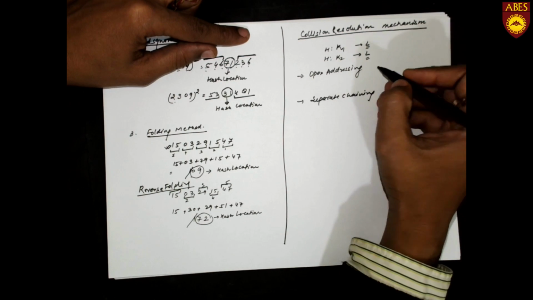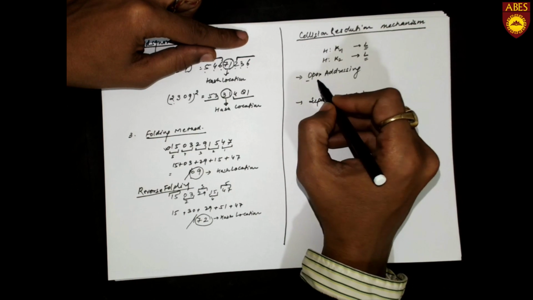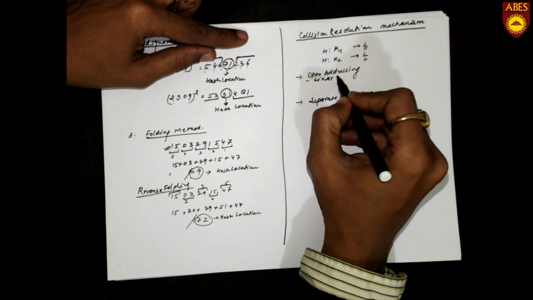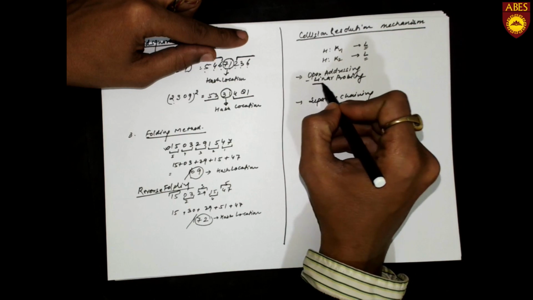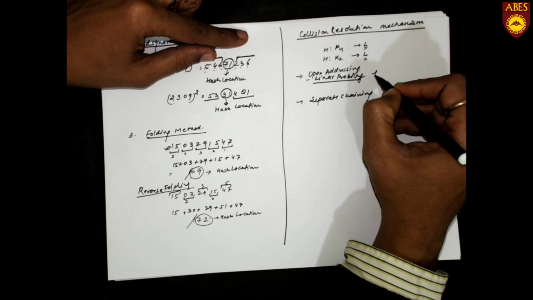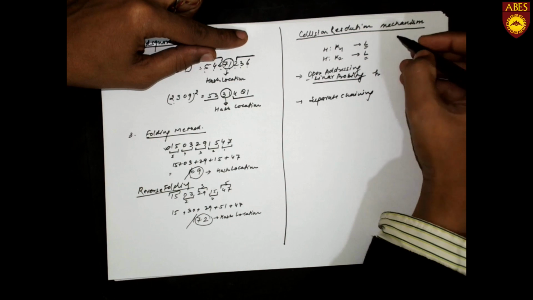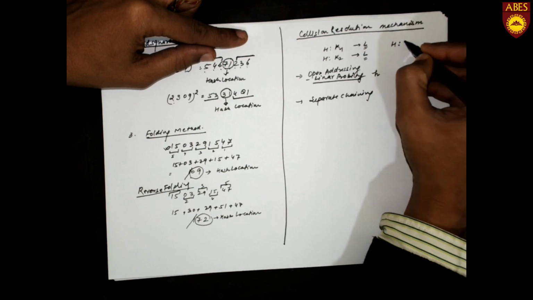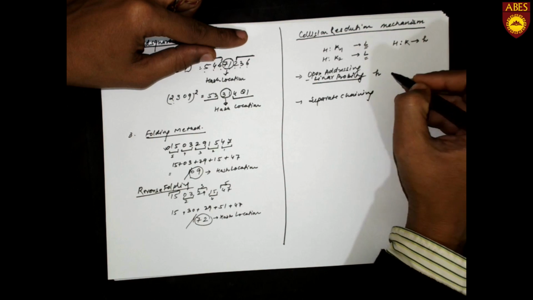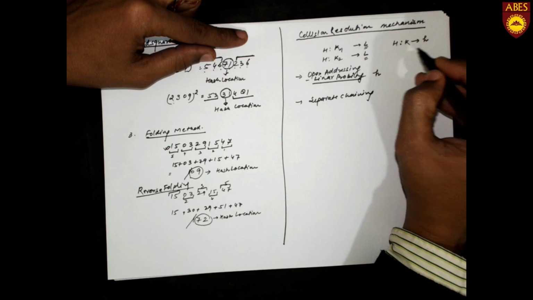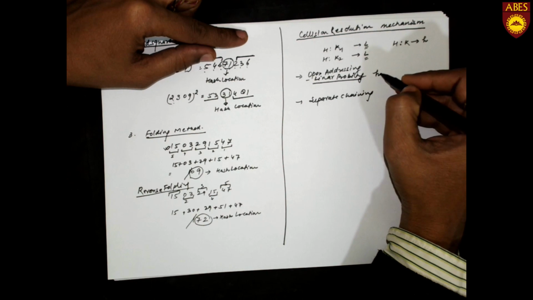Open addressing is also of three types. One is linear probing. The linear probing method suggests that I have applied the hash function on some key K and I am getting a hash location H. If this H location is busy, it means it already has a key, so we cannot store the next key at this location.